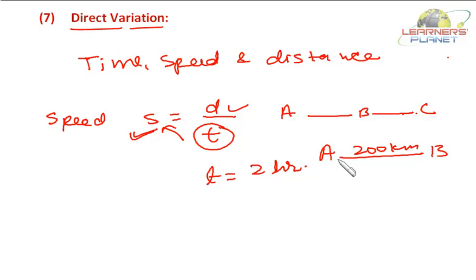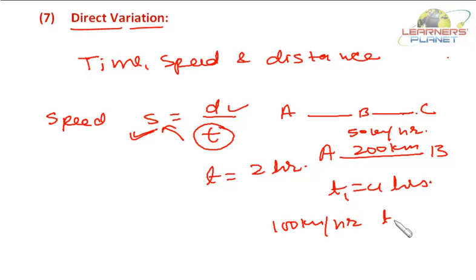Suppose initially my speed was maybe 50 kilometers per hour. That means I'll be taking 4 hours to cover this distance. Time will be 4 hours. Now suppose I increase my speed to 100 kilometers per hour.